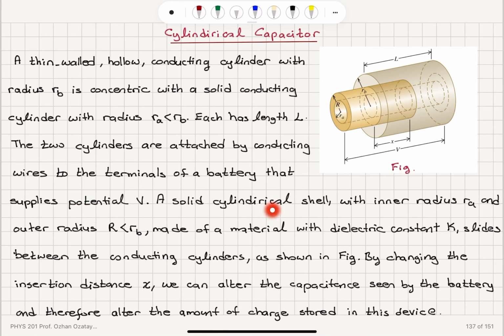A solid cylindrical shell with inner radius r sub a and outer radius capital R less than r sub b, made of a material with dielectric constant kappa, slides between the conducting cylinders as shown in figure.